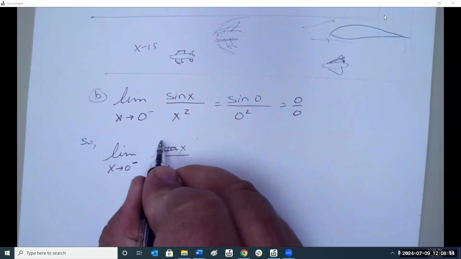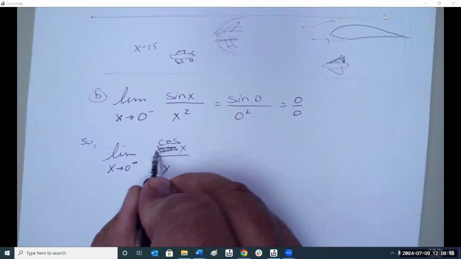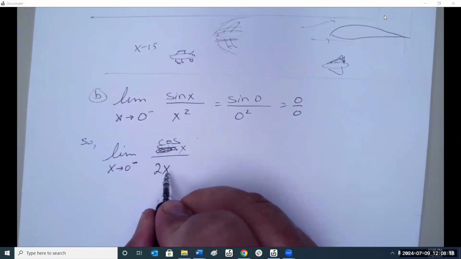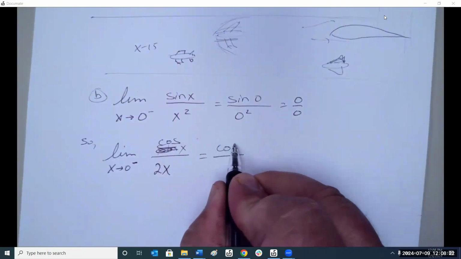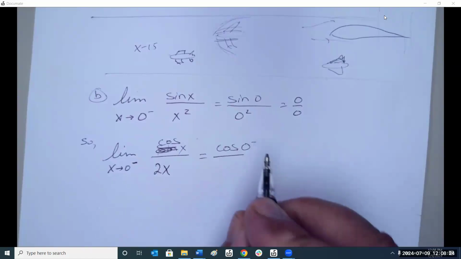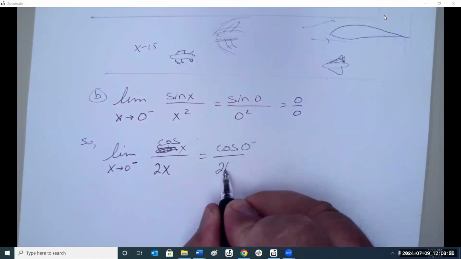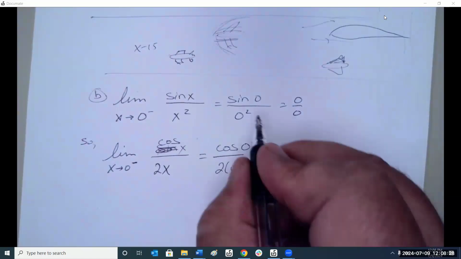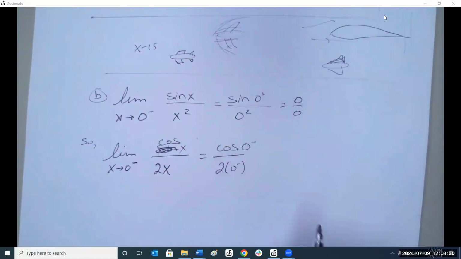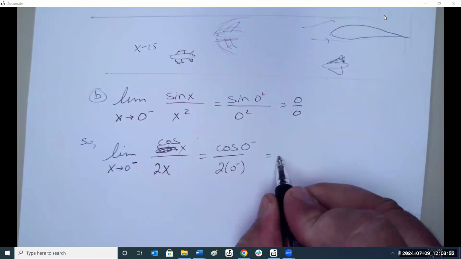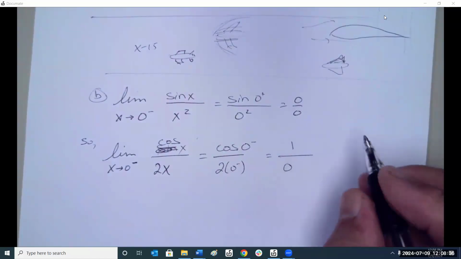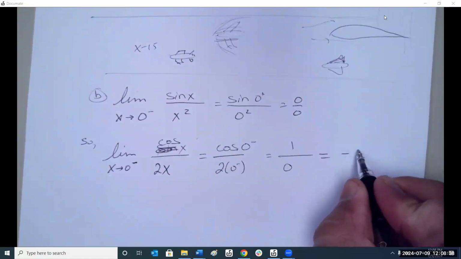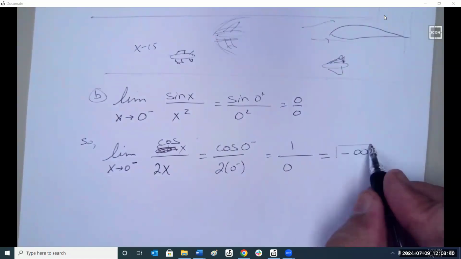This is going to be cosine x over 2x. Cosine as x approaches from the left, versus from the right. This one's going to equal negative infinity.